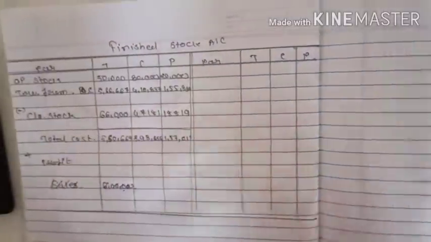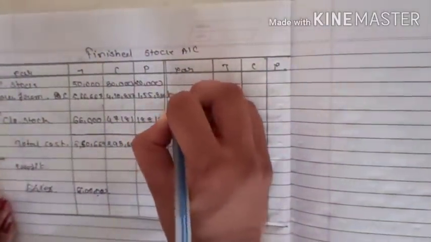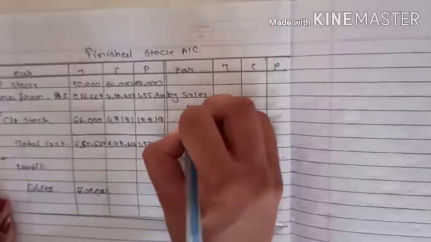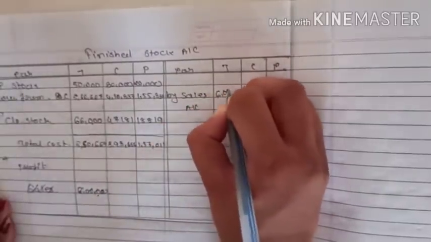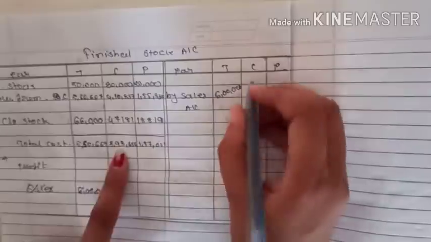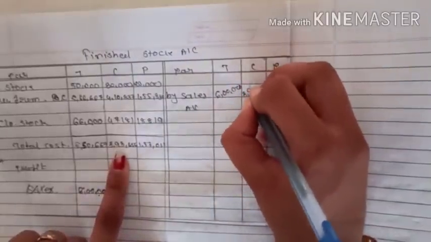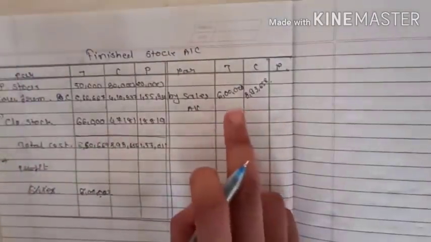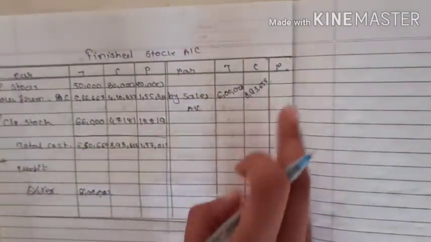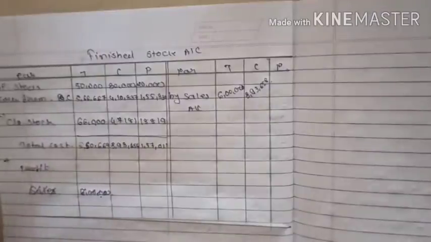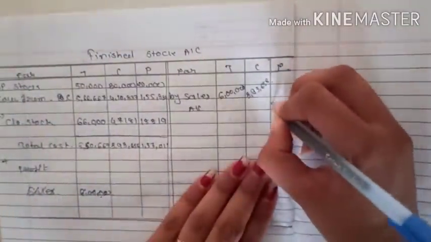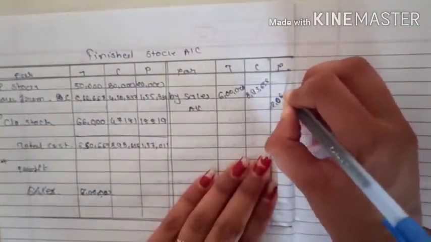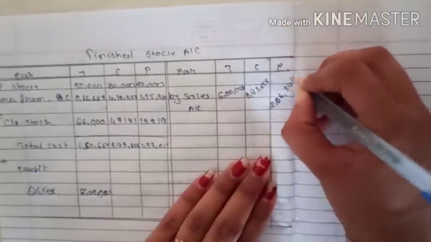We have to write it down here: by sales account, total 6 lakh, cost total 3 lakh 93,656. When we deduct the cost price from the sales value, we get the actual profit. So 6 lakh minus 3 lakh 93,656, we get 2 lakh 6,344.